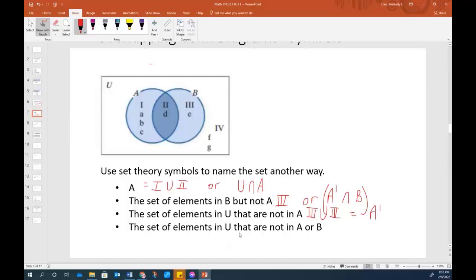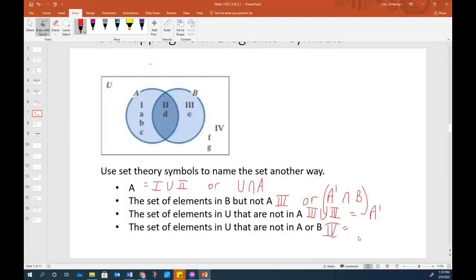So what are the elements of U that are not in A or B? Well, I'm really trying to name just section 4. So how could I name section 4 using my other sets?